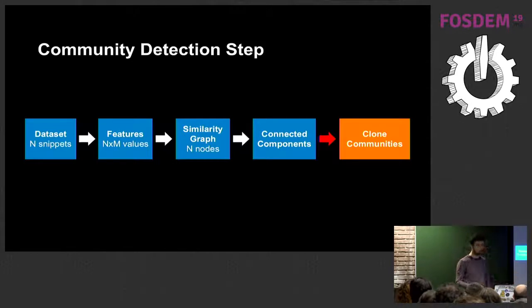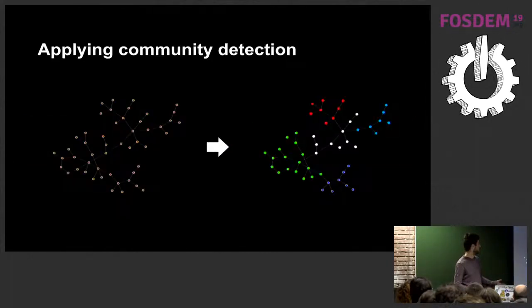So this is why we do the community detection. It looks something like this. You can see it kind of puts into the same groups files that are relatively close, depending on the structure of the edges.